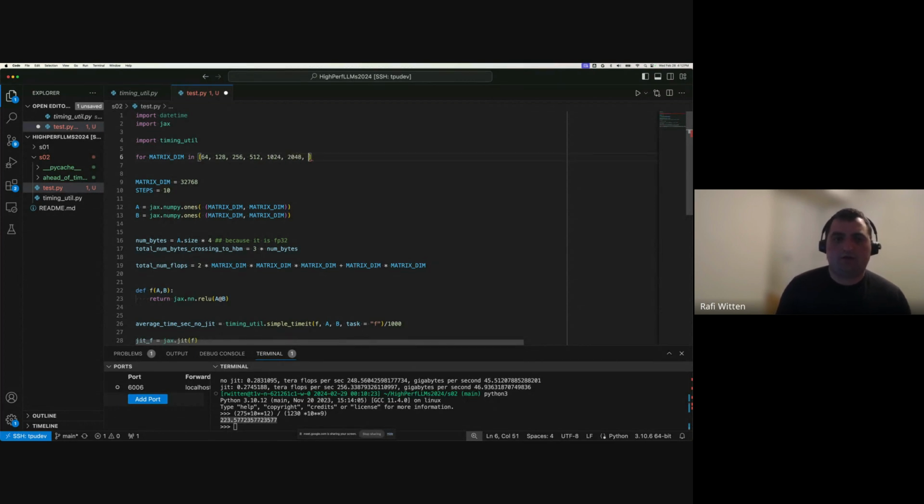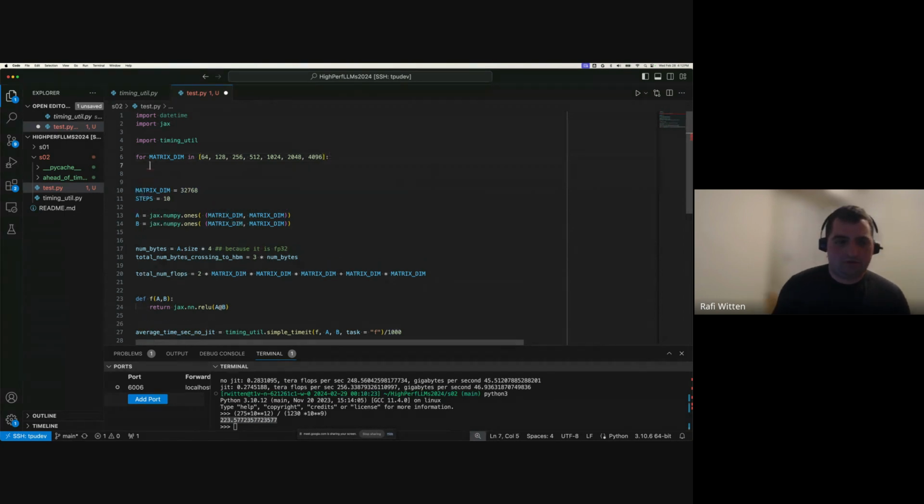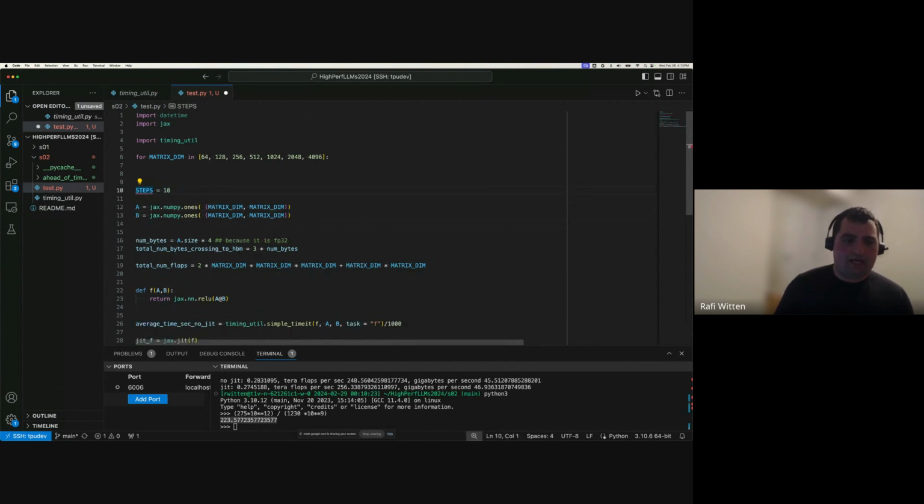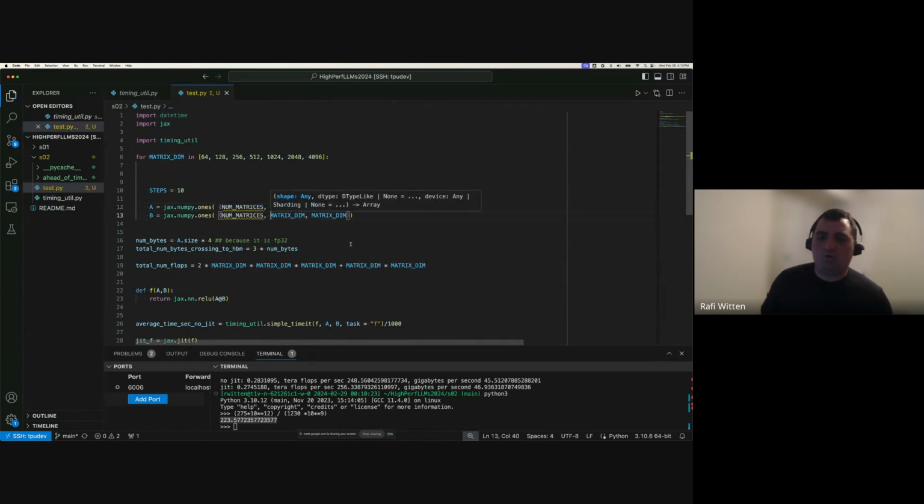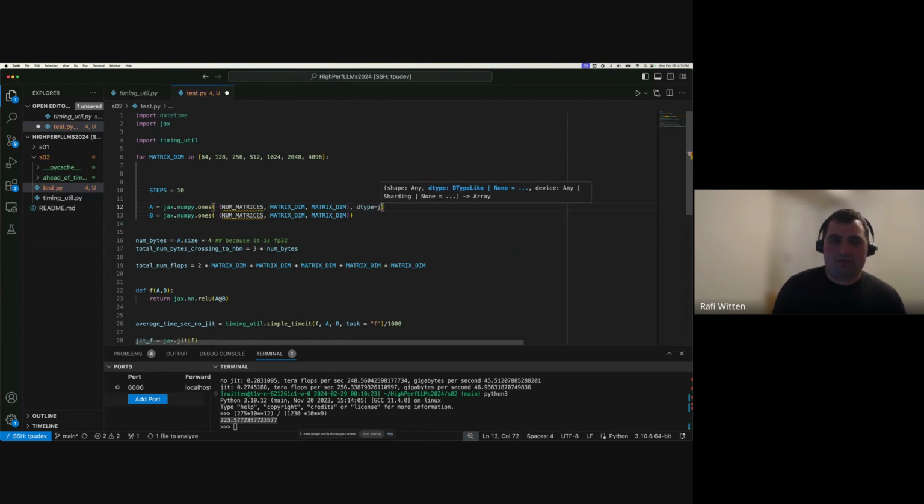We can go just a little bit higher, 4096. Let's do basically the same workload. We can keep the step, that seems good, and we'll just want a different number of matrices, num matrices. And at this point, I'm going to switch us to dtype equals jax.numpy.bfloat16.